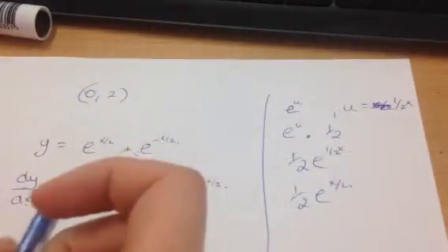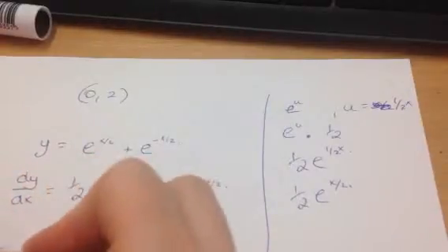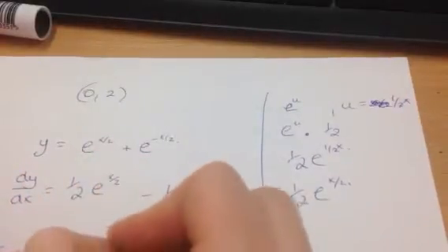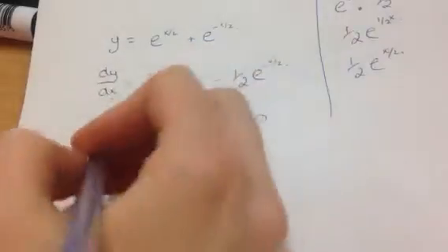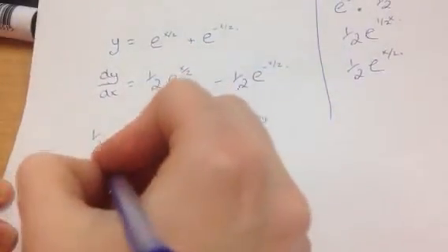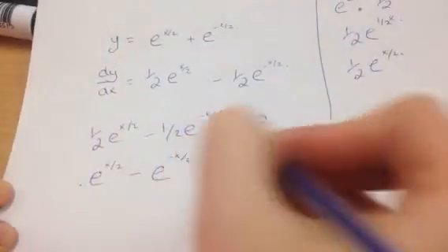So that's dy/dx. What do I know about a turning point? dy/dx is equal to 0. So I'm just going to let this equal 0 so that I can find my x coordinate. Multiply across by 2, and I end up at e to the x over 2 minus e to the minus x over 2 is equal to 0.